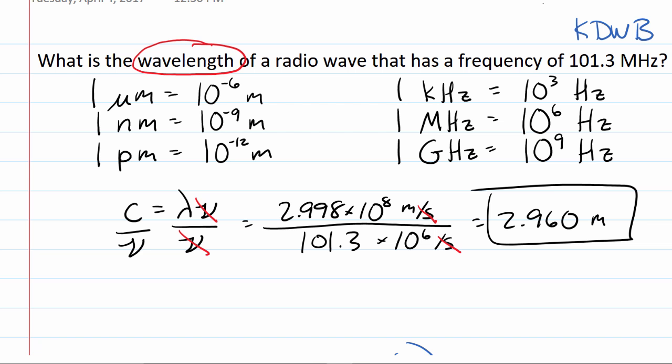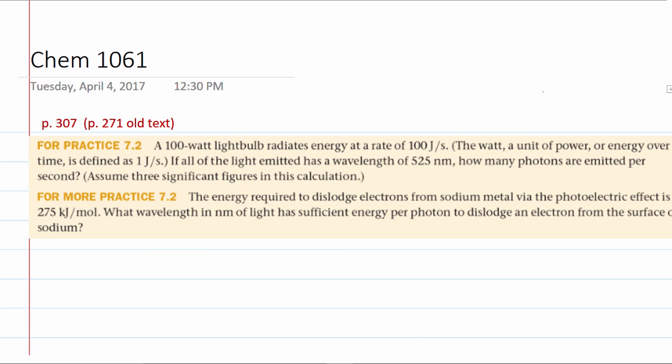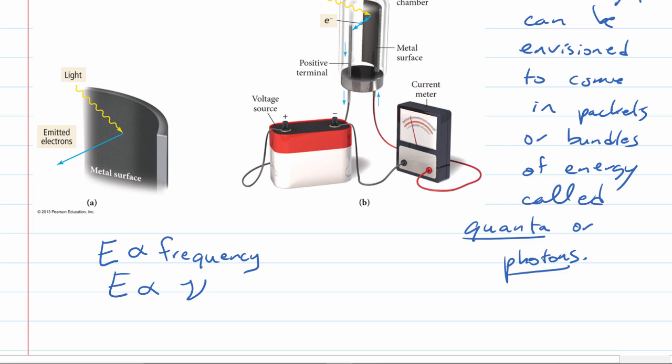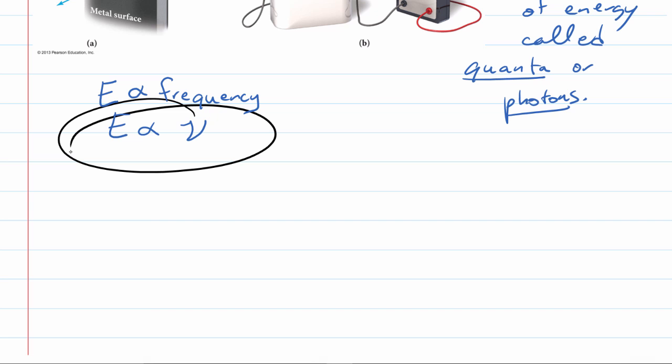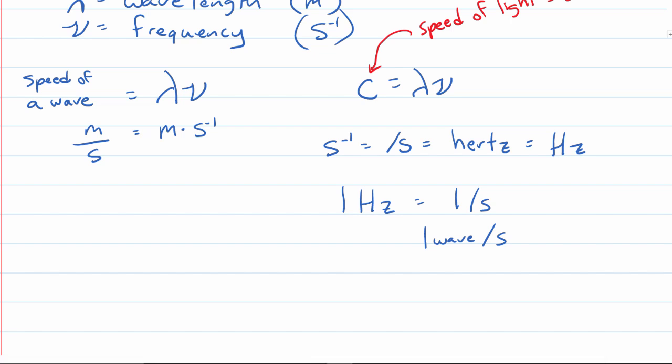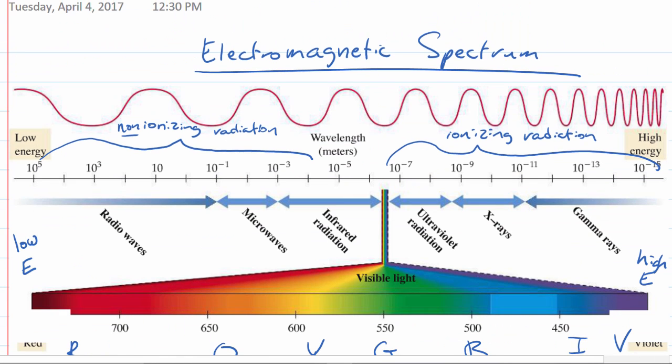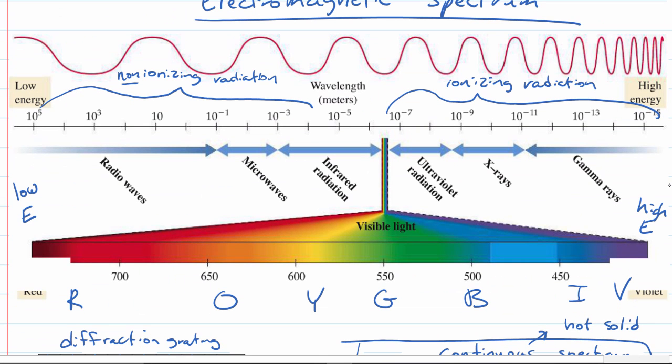Okay, let's go back now to our, I know we're jumping back and forth a bit here. Now let's go back to what this means. If we said energy is proportional to the frequency, what that means is that if we go back to our original diagram, which is this one right here, we said that this side was low energy, that side over there was high energy.